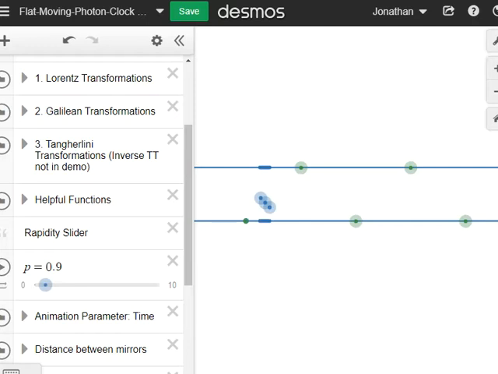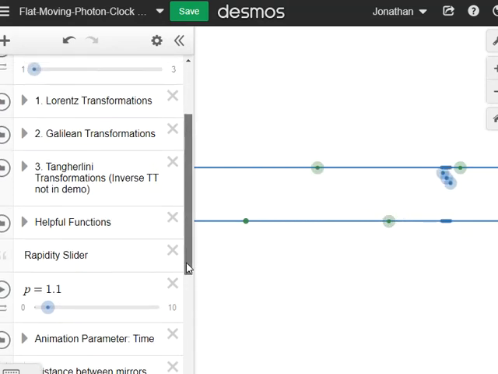Okay, right now the rapidity is at 0.9, and if I slide that down to 0, you can see the photons just bounce straight back and forth, and they're all aligned. But as I move the rapidity forward, the 3 photons hit the mirrors at different times, but they still travel in a direction that is perpendicular to the wavefront.